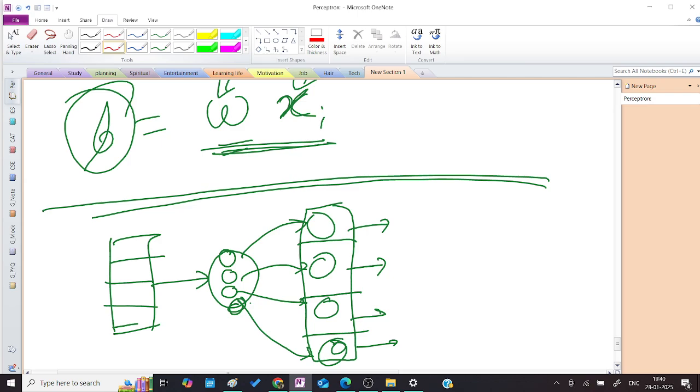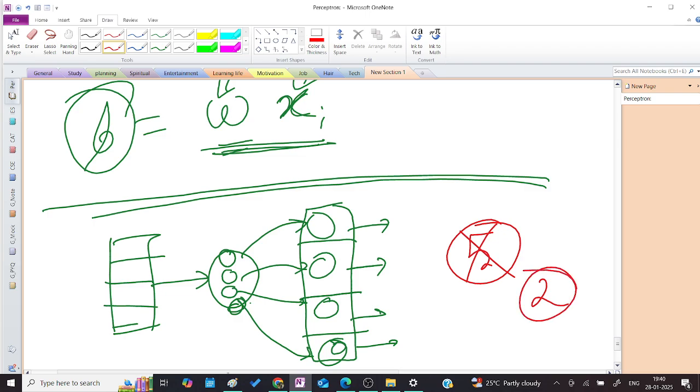Suppose the output of this perceptron is two. So this is one, this is two.